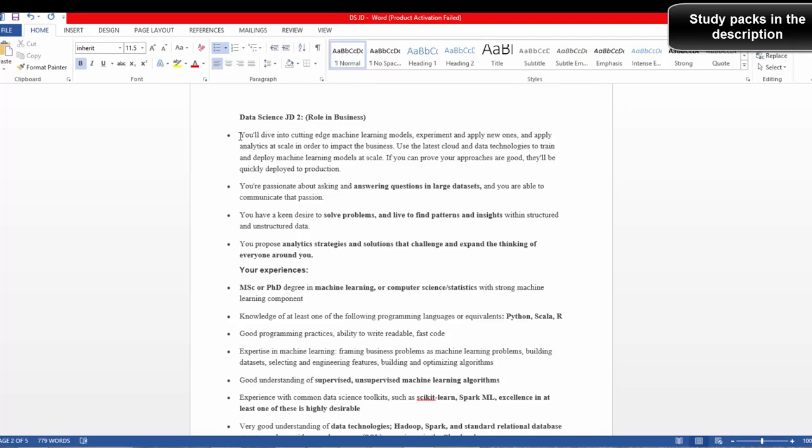What they want you to know is that you should be very comfortable with data analysis tools, which is of course one of the mandatory things. Apart from that, you should have a keen desire to solve problems, to find patterns and insight from structured and unstructured data.